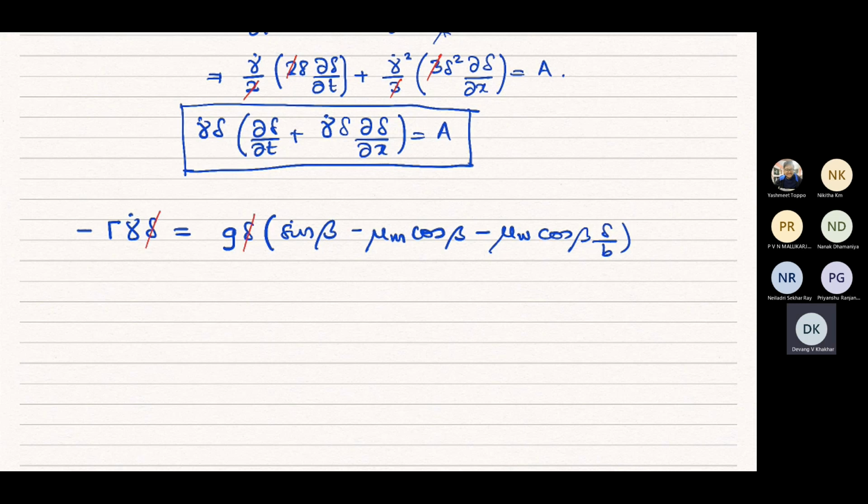And what we have ended up with now, by making this simplification and then combining the two equations, is that gamma is just equal to minus of G by gamma dot into sine of beta minus mu m cos beta minus mu w cos of beta into delta by b.